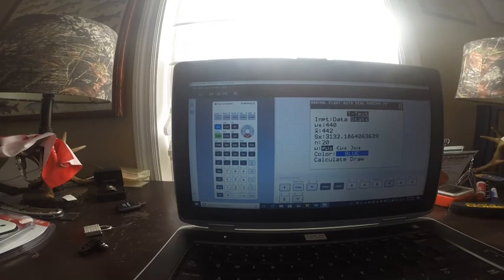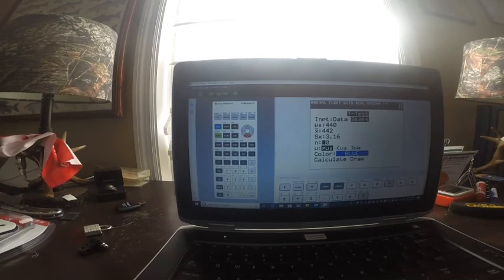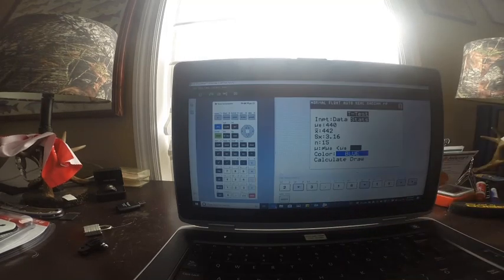My sample standard deviation here, I believe, was 3.16. In here, we decided to sample how many of these? 15 sandwiches. So my n here is 15. And we think that it's greater than, because we want that to match exactly what we had over here on our problem. Now we're going to calculate.